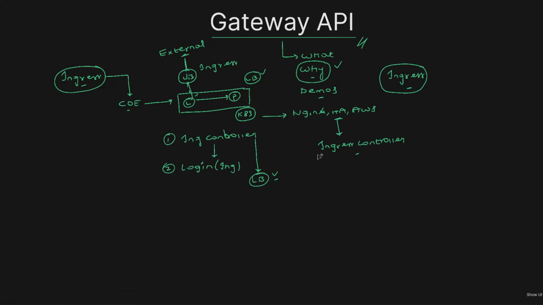However, it only took a few years for the Kubernetes users to realize there are some major drawbacks with Ingress. In this video, I'll cover two important drawbacks. Drawback number one, which is very important, is the limited scope of Ingress. What does that mean?